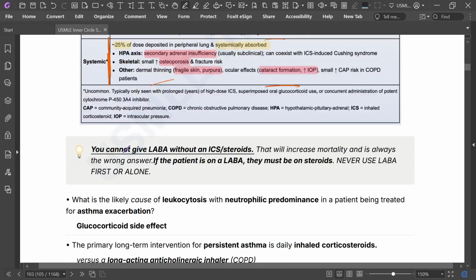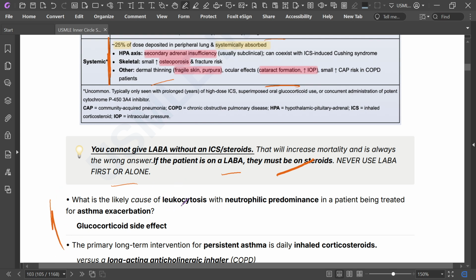Okay, you cannot give a LABA without an inhaled corticosteroid. This will increase mortality and is always the wrong answer. If the patient is on only LABA, they must be on a steroid. Never use LABA first or alone.